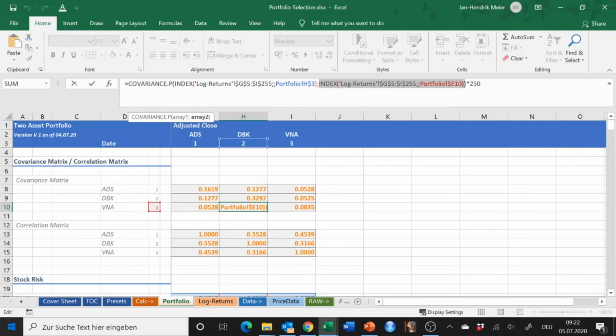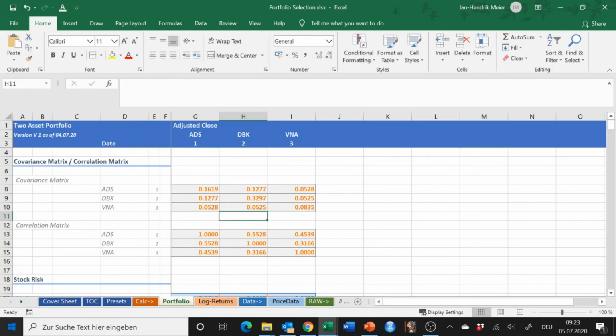And the index here looks up in the log return sheet, in that area where all the log returns are, and it takes the first column there. No, I'm sorry, the second one. Look here, it grabs the 2 and it grabs the 3 for the second index. So the second column and the third column are both given to the command covariance. And it is multiplied by 250 to annualize all that.